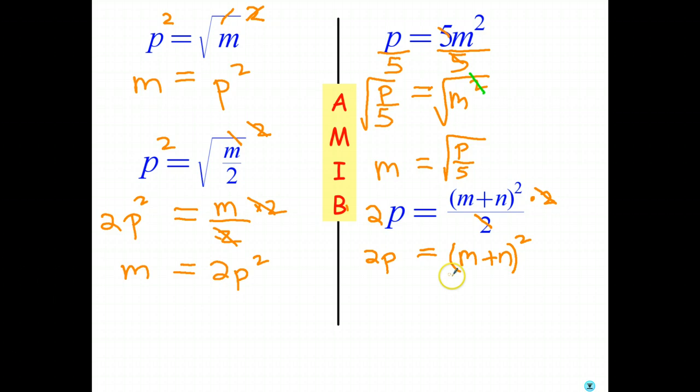So now I have to undo the squaring, which is to take the square root on both sides. Squaring and square root cancel, as they are inverse operations, and that means on the right-hand side I end up with m plus n. On the left-hand side, just the square root of 2p.